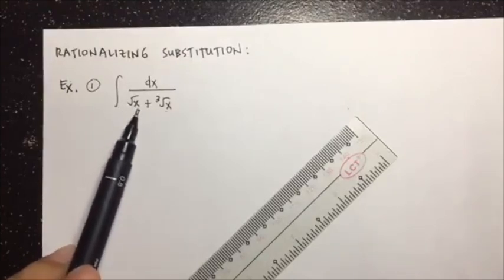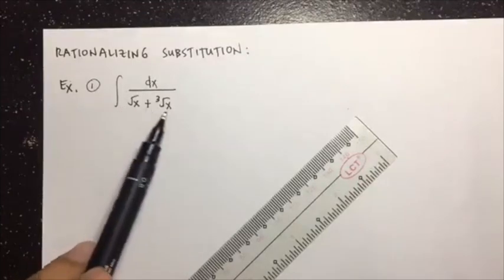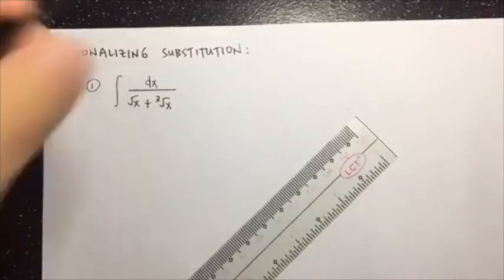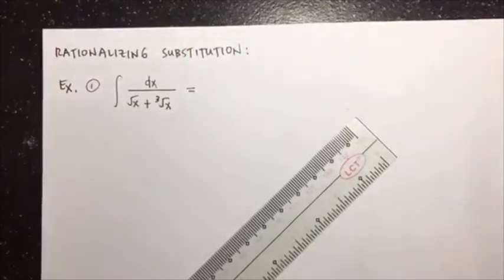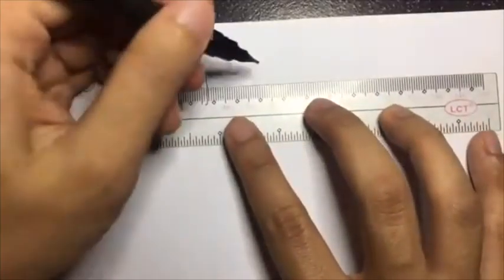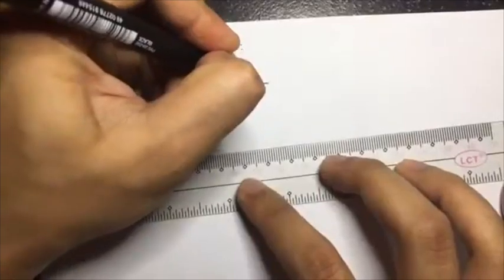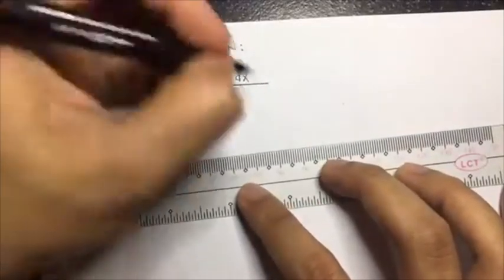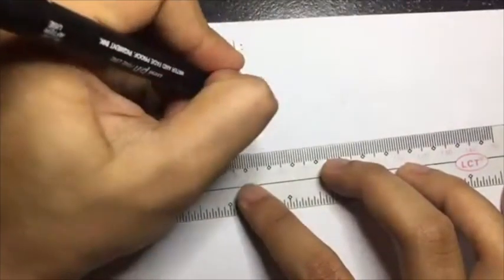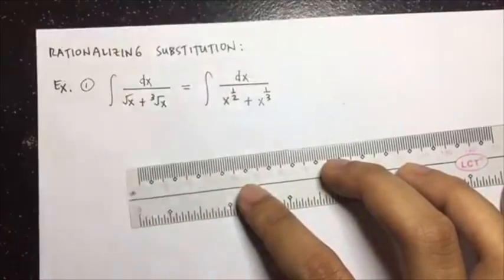We have square root here and cube root here. One technique is first we need to express the radicals in their exponential forms. So this will become integral of dx over x raised to 1/2 plus x raised to 1/3.